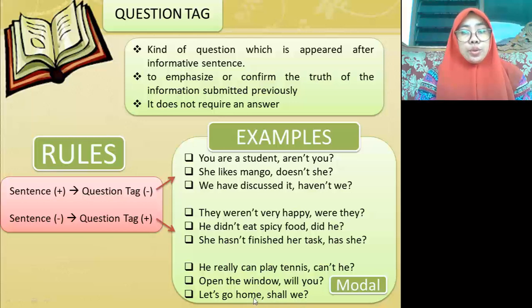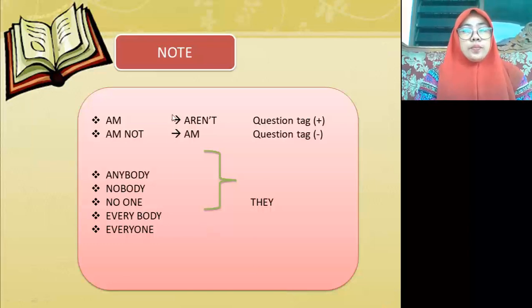If you look at the imperative sentence, the modal here must be will, in the positive. Okay, there is a note here.